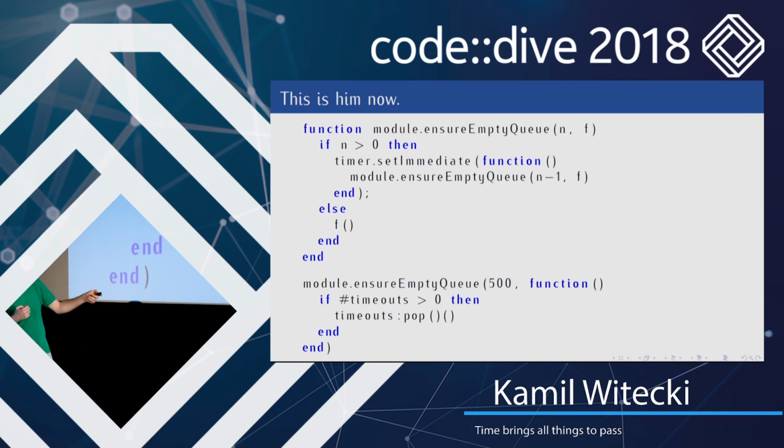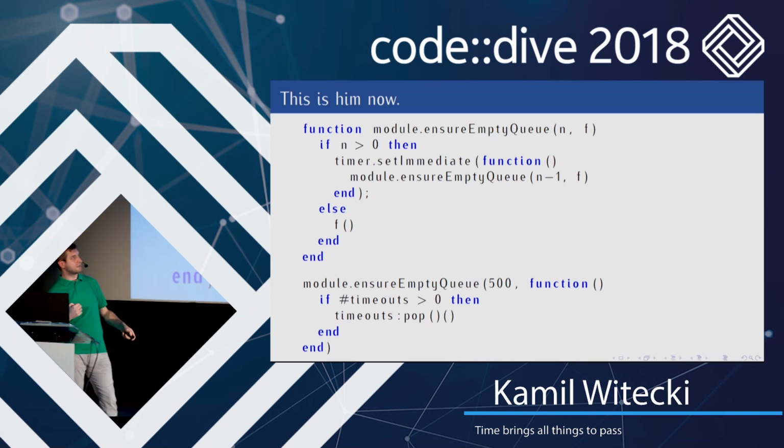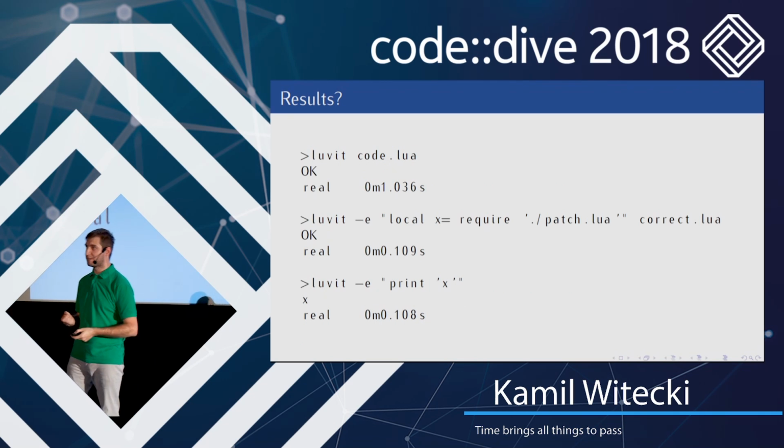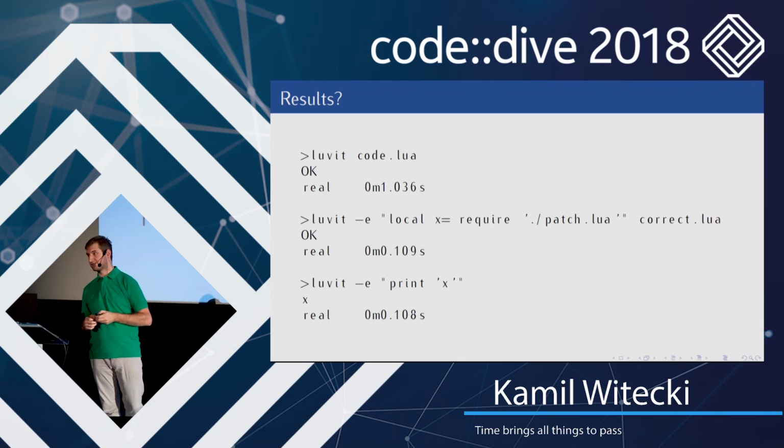And then when 500 times already passed, I am just pushing this very simple function. So if I have already drained the queue, check if there are timeouts, and if there are timeouts, just execute one.